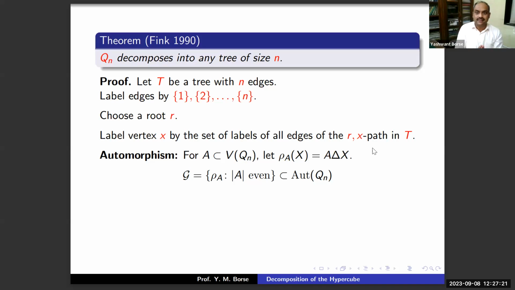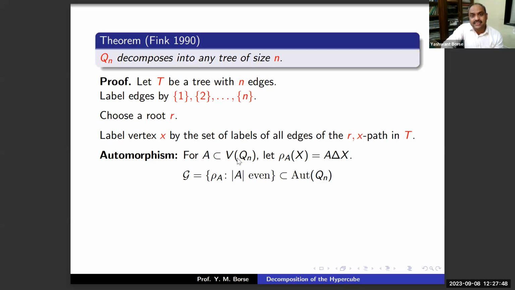Now we want Qn to be decomposed into copies of T. So what we are trying now is to apply a subgroup of the automorphism group of Qn on this T to get different copies, so that all those copies together will decompose Qn.